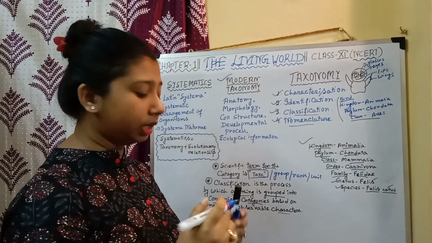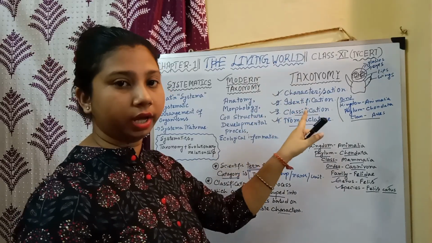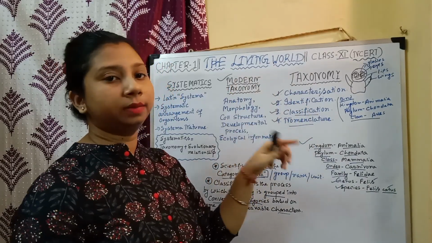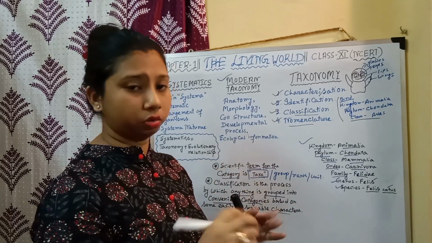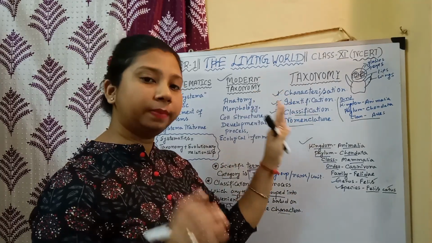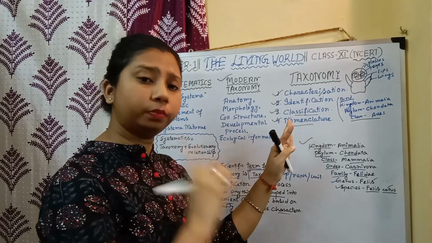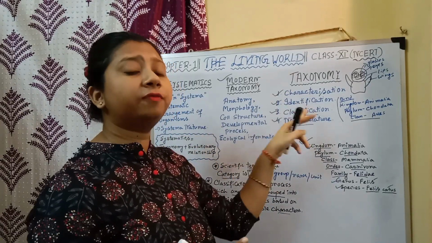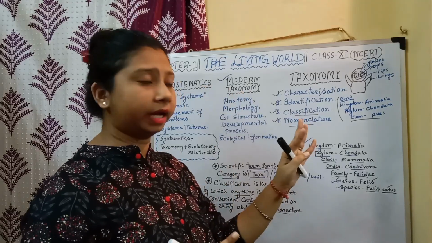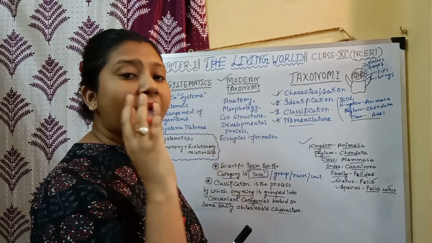Modern taxonomy means, in modern days, what scientists are doing is that these four things have to be there, because these are the four main or basic pillars of taxonomy. Within these we have some additions.